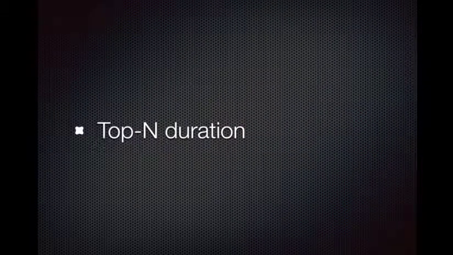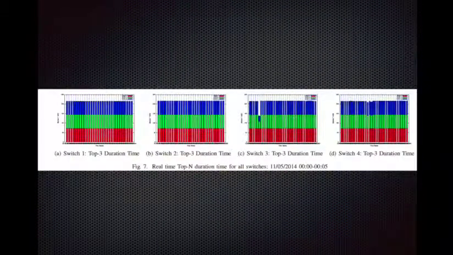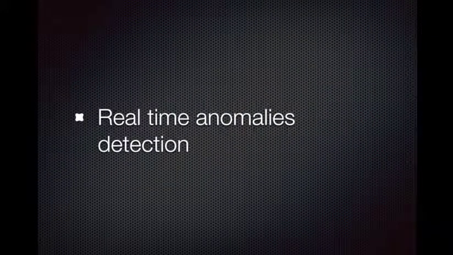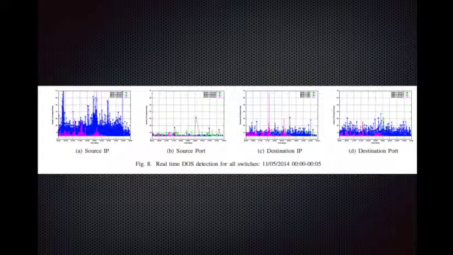Top N duration is also shown, the top three durations from 5 minutes of data at every 10 seconds. The real-time anomaly detection has, as I previously mentioned, four different categories: the source IP, source port, destination IP, and destination port.